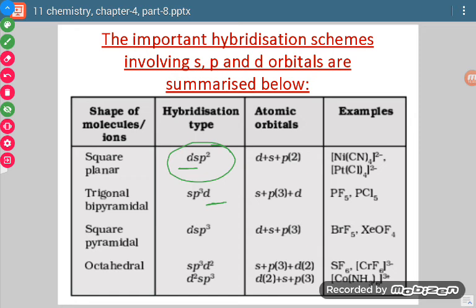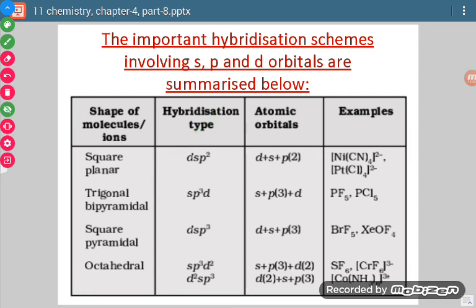If we write d first, it means its energy is less than the energy of the s orbital which comes after it, and thereafter the energy of p will come. And if I have written d at the last, it means it has higher energy than p, and p has higher energy than s. So one is an inner d orbital and another is an outer d orbital. In this case it is an inner d orbital, here it is an outer d orbital.